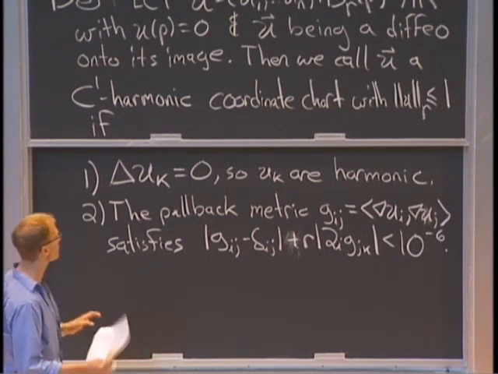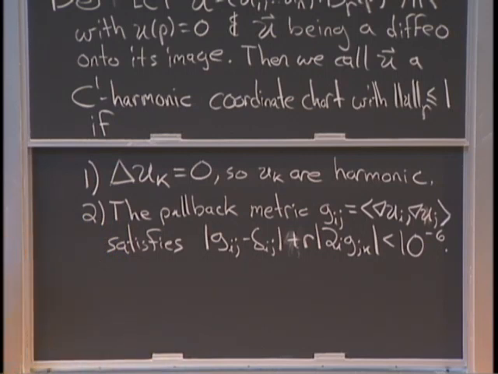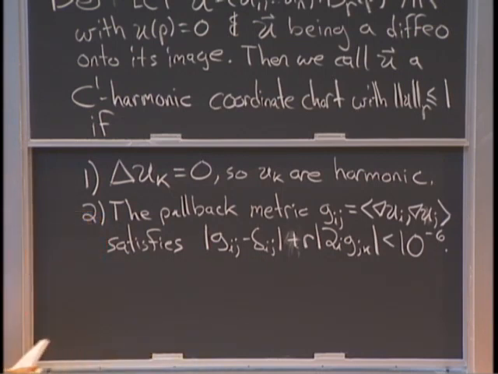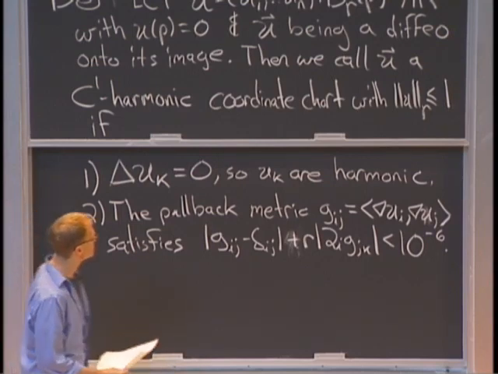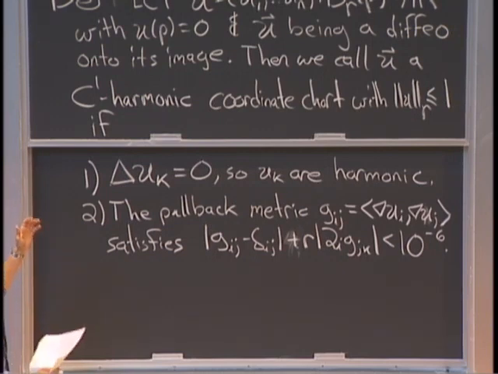I want to state a bunch of stuff about these coordinate charts, and I'll outline how proofs go for these things. But since this is really not Ricci curvature, we'll be a little hand wavy about it. I won't do it line by line, but we'll do it with some care because it's not so bad. So the first real question is, so what? Why would we expect this to be a good coordinate chart for a metric?